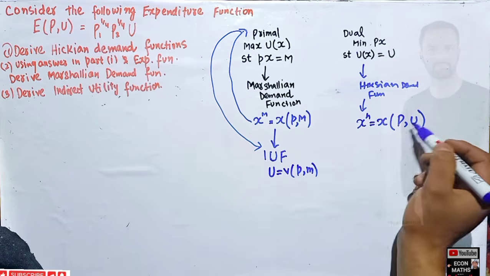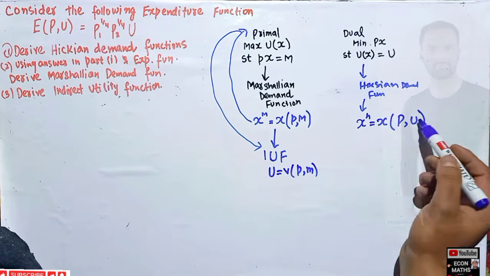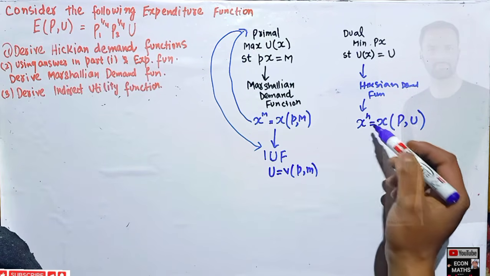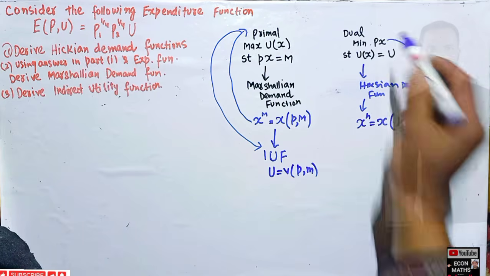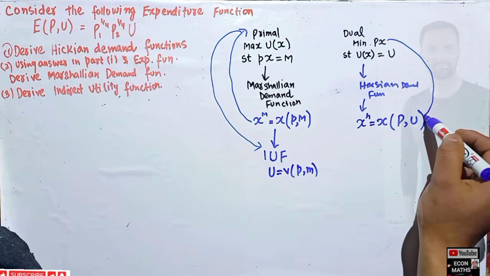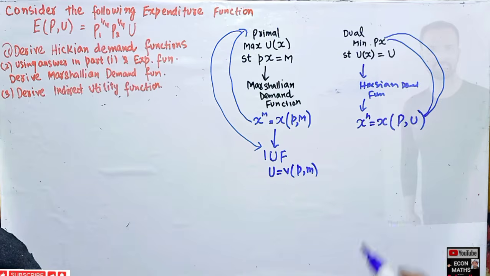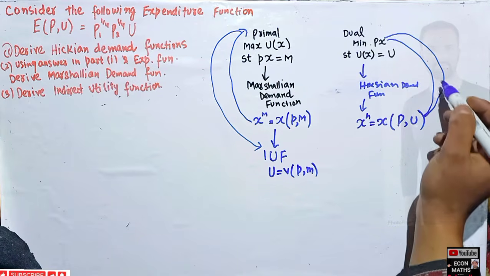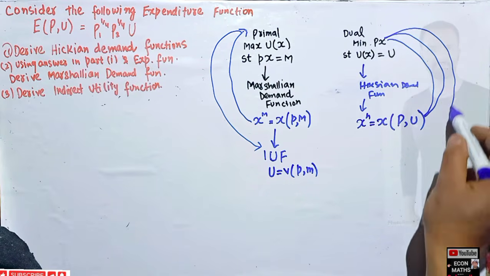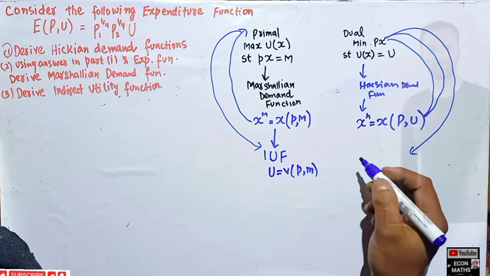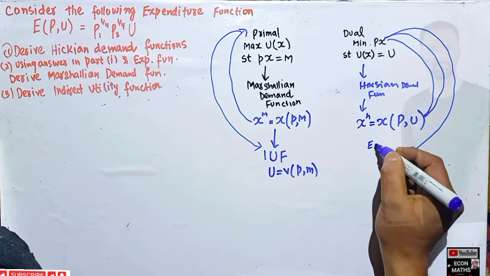Similarly, when we put the optimal values of the Hicksian demand function into this minimization, or what we call the objective function, in return we get the expenditure function.